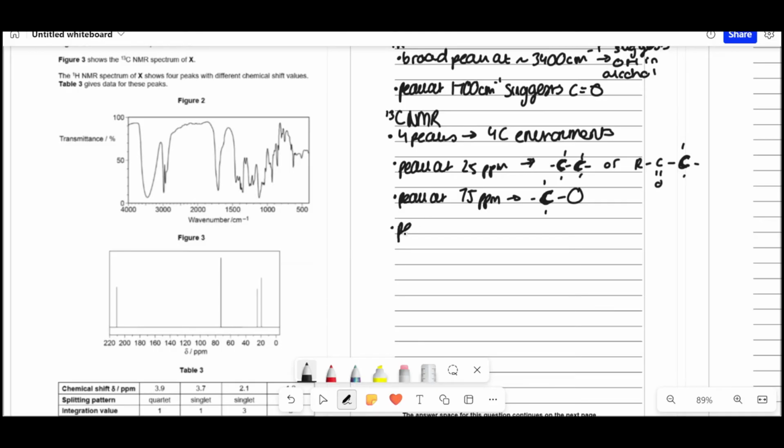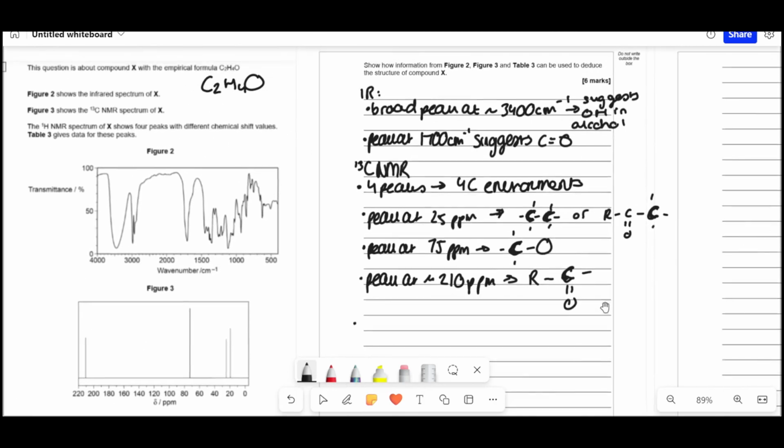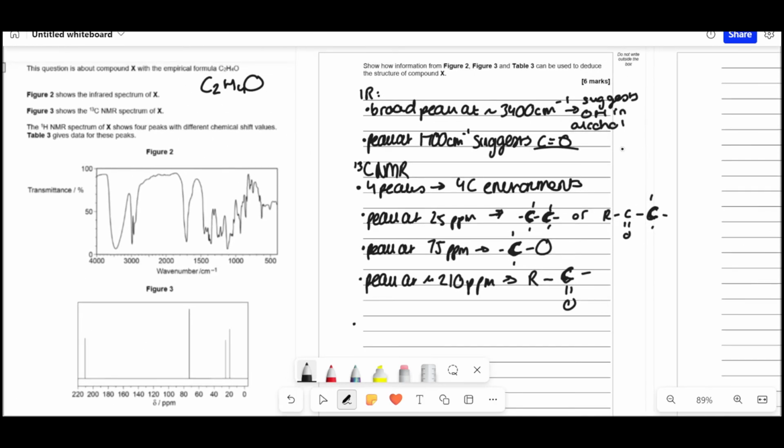Now we have another peak at around 210 ppm. If you look at our data sheet, what falls in the 210 range? It's aldehydes or ketones. So we've got an R, we've got a C here, again I'm making it bold on purpose, and a C=O there, and so forth. And it's this carbon being picked up. Fine. Then, not really helping us figure out what's going on here. What we know is that we've got a C=O and we've got a C–OH.